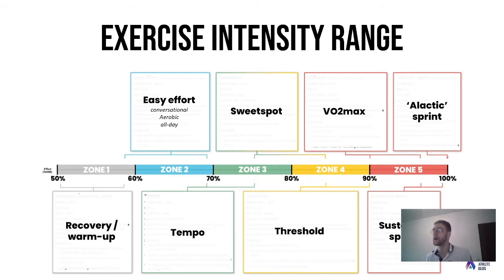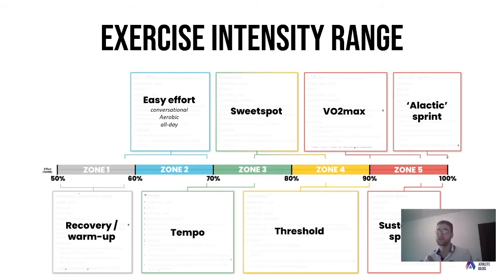So I need to build an aerobic base. Okay, then it means that throughout the next couple of weeks, I would need to do a lot of training sessions at an easy effort, meaning upper zone 1 to mid to high zone 2.